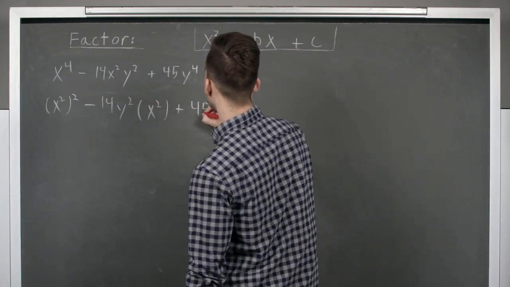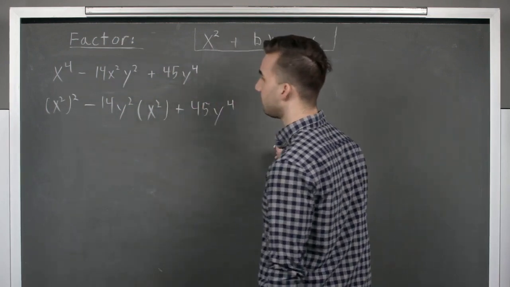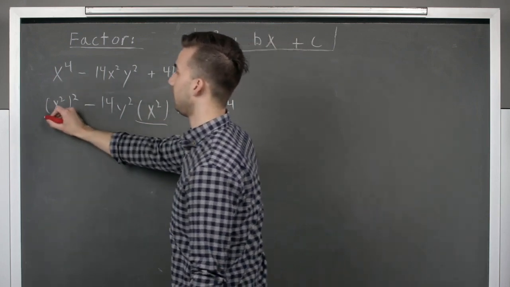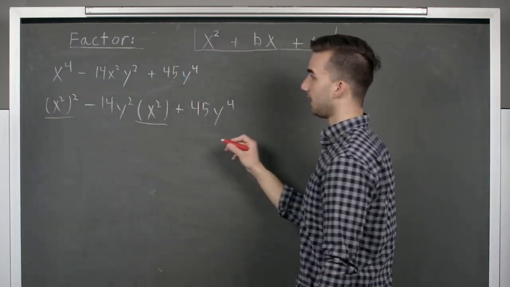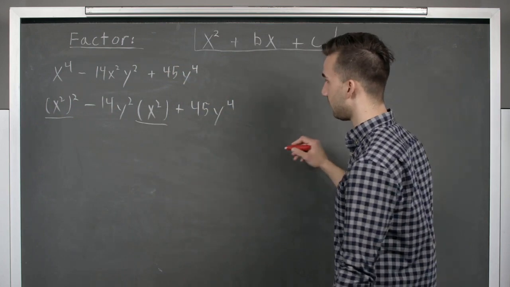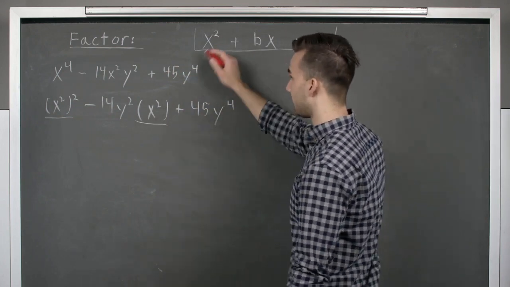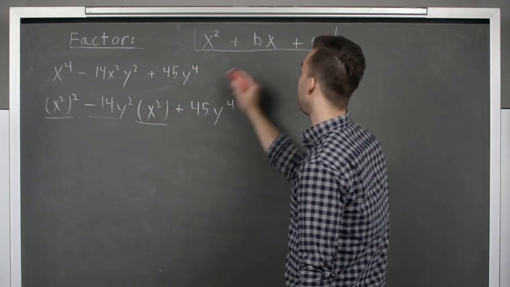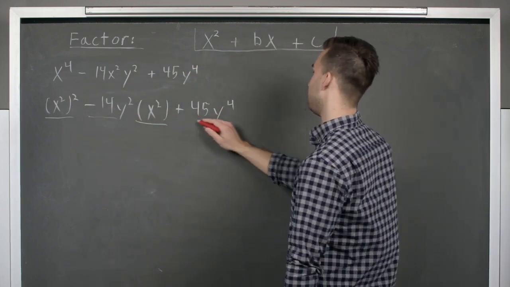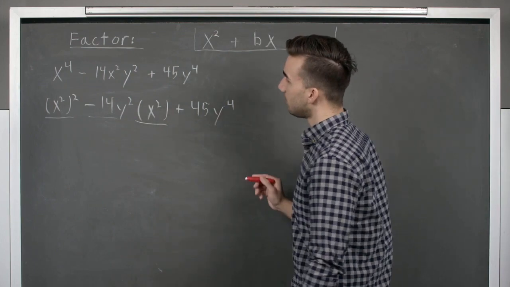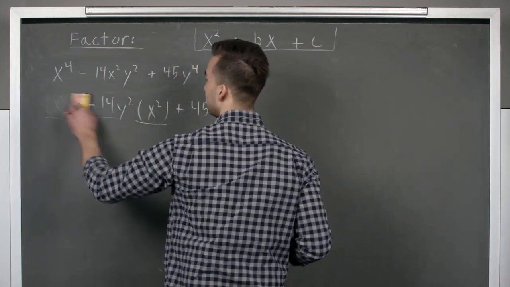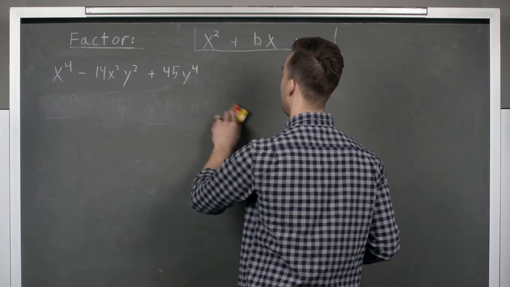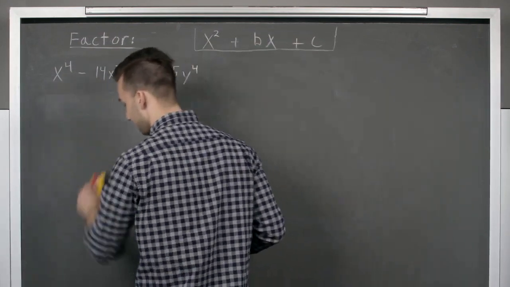So if you look, you have a something here, and then a something squared. And that is how we're able to factor it, because we have our x squared minus some b value times x, and then plus some c value. So we're able to factor it just like we normally would. We just have to take into account that our x has become x squared.